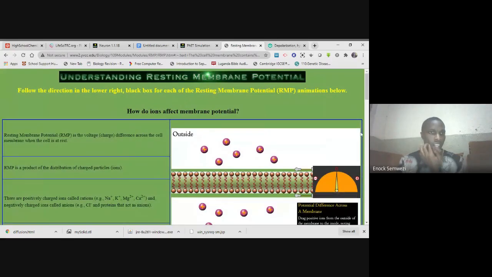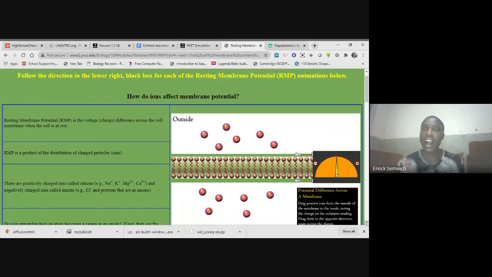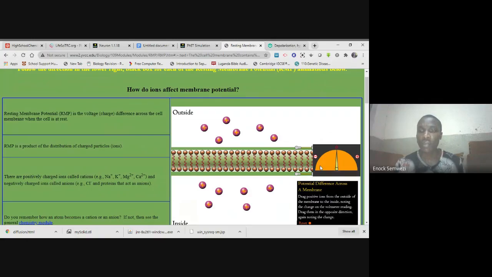Now I want to take you to the actual membrane and analyze it in depth. I have a voltmeter. This measures voltage across the membrane, and if there is any change in the positives across the membrane, the voltmeter has to change.